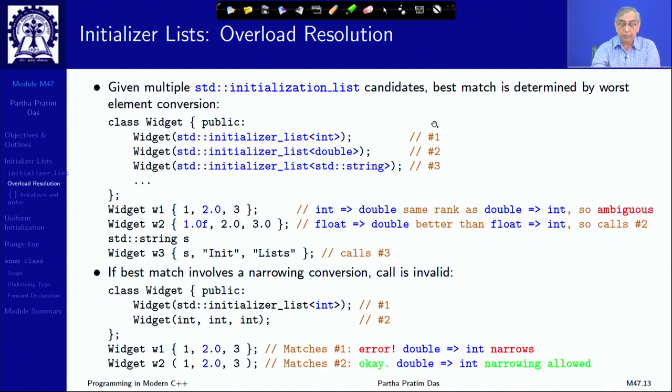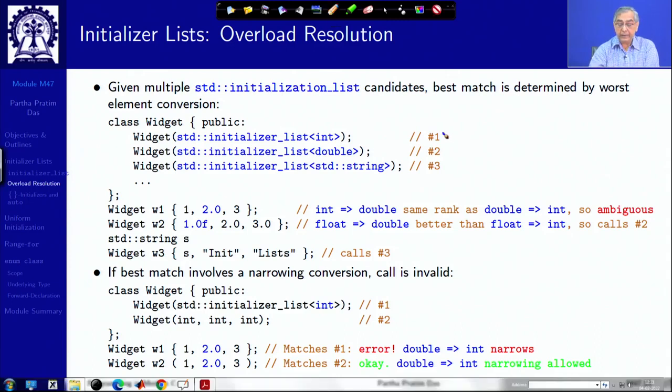Some more on this: here 3 initializer list constructors are overloaded with different element types. Now, what will happen if I try to construct W1 with this? All are initializer lists, so the choice is between them. If I want to do W1 where the second element is 2.0, it has 2 choices.